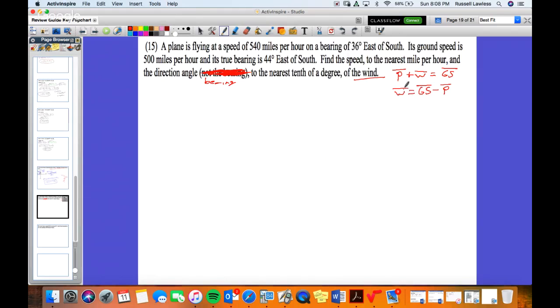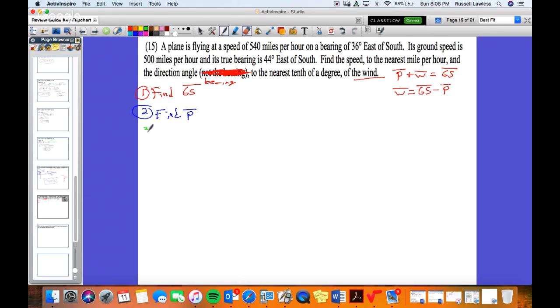So we need to find the wind vector. Wind is going to be our ground speed minus our plane speed. So essentially there are 5 steps. Step 1, we want to find the ground speed. Step 2, we'll find the plane speed.